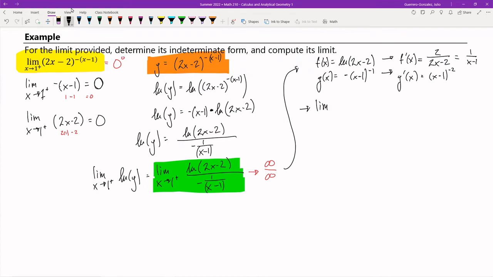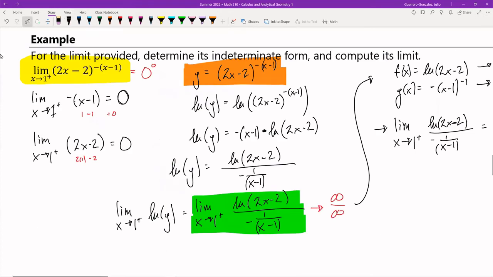So now the limit as x approaches 1 from the positive of the ln of 2x minus 2 over negative 1 over x minus 1 is equal to the limit as x approaches 1 from the positive of 1 over x minus 1 all over 1 over x minus 1 quantity squared.